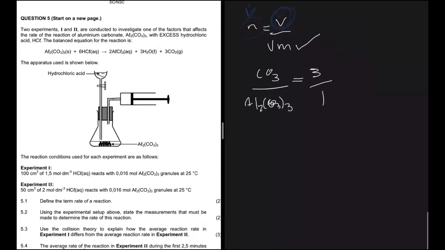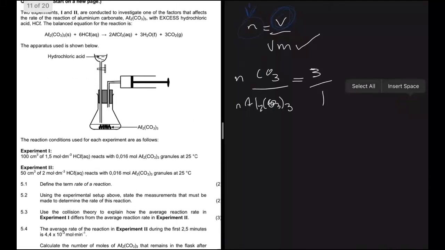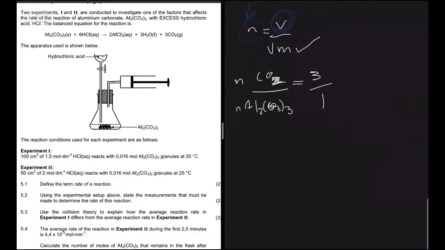So we can calculate the number of moles of CO2, not CO3, I'm sorry for that. We calculate the number of moles of CO2 by cross multiplying. So we're going to get the number of moles of CO2 equals 3 multiplied by the number of moles of aluminum carbonate, right?